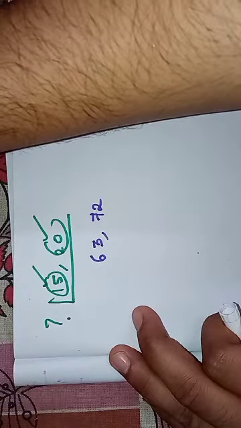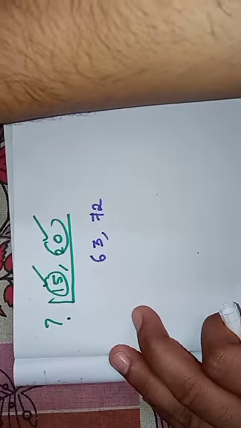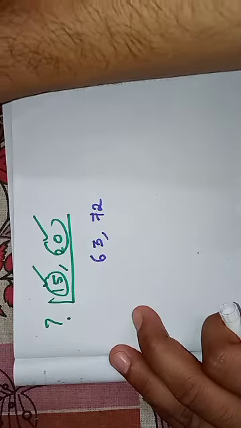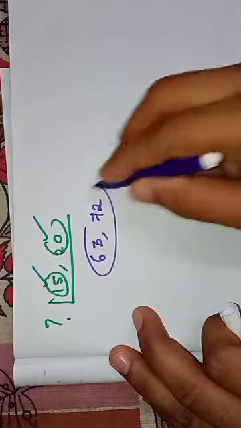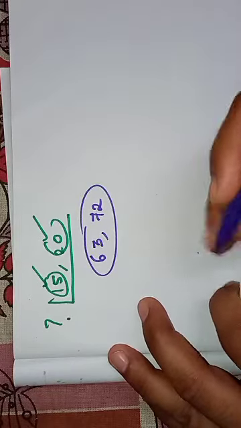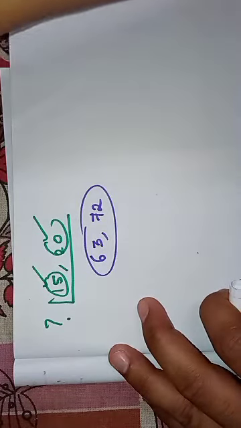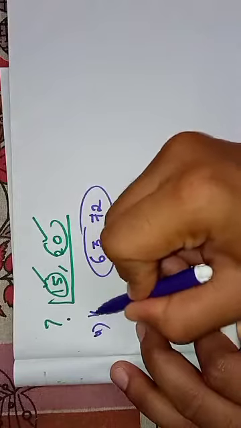For example, this is the best example, 63 and 72. I have taken this example from page number 69 of your book, Problem 4K.